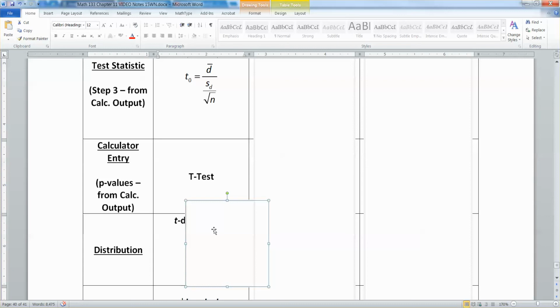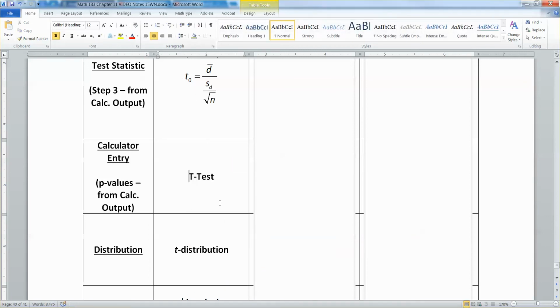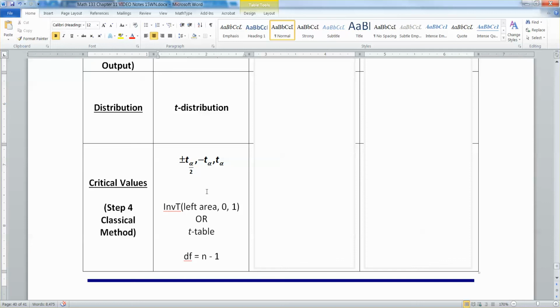The distribution you're using here is obviously t, that's why it's t0. And since it's the t distribution, that means that your critical values are plus or minus t alpha over 2 for a two-tailed test, then negative t alpha and positive t alpha for a left-tailed and right-tailed test, respectively.